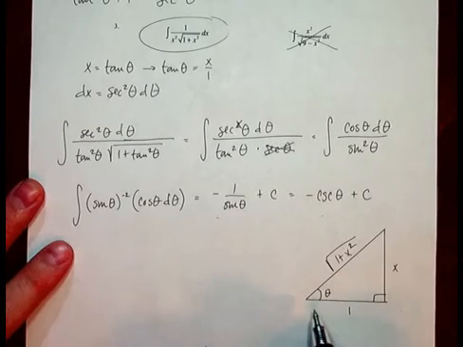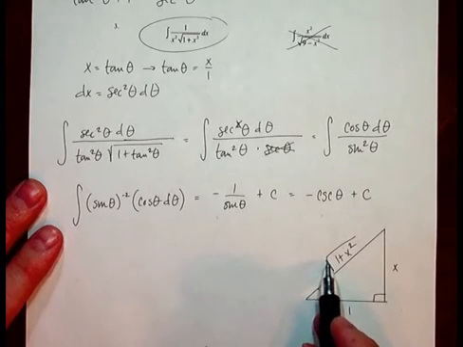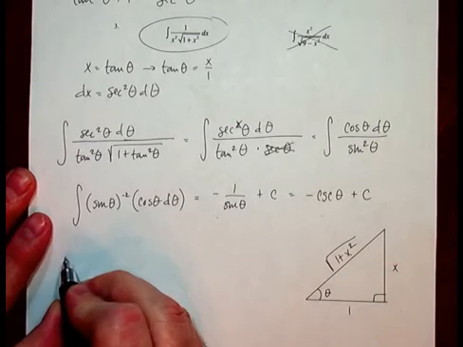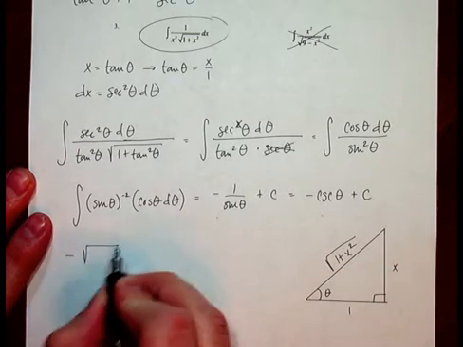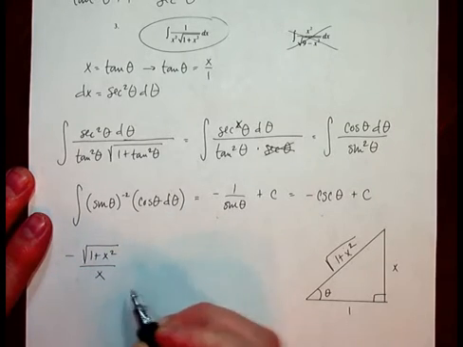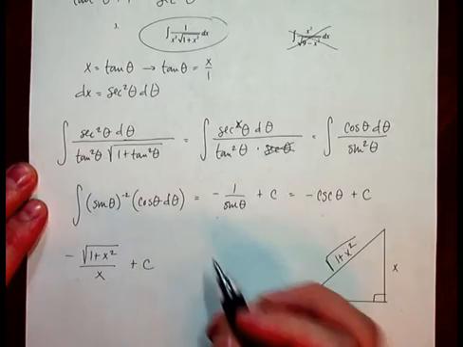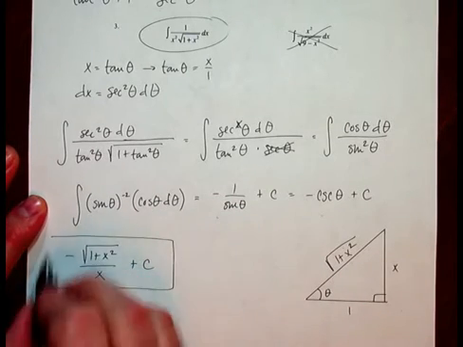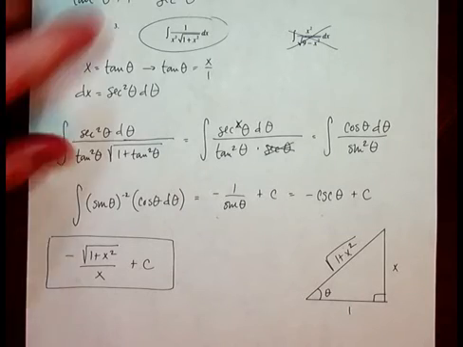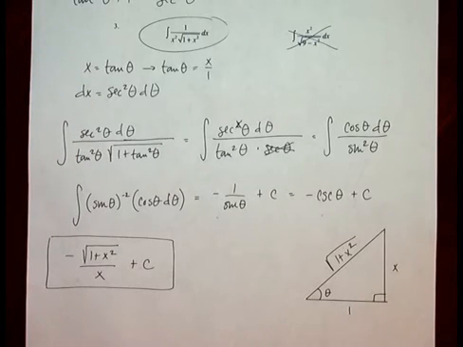Now cosecant is the hypotenuse over the opposite because it's the reciprocal of sine, right? And so what I have here is negative square root of 1 plus x squared over x plus c. And if you want to confirm that, of course, you can take the derivative of it, and you actually do wind up getting the original integrand.